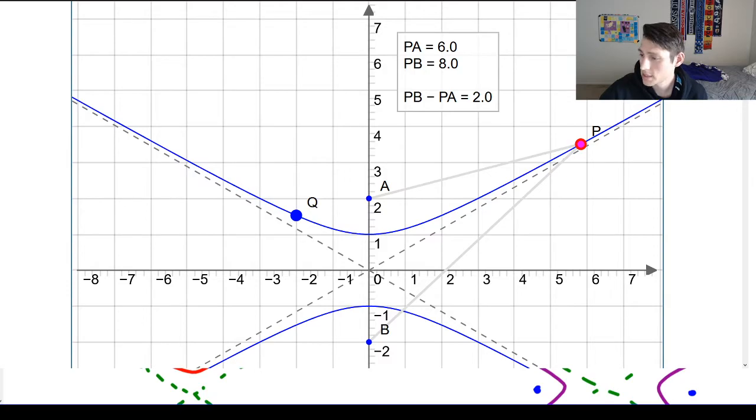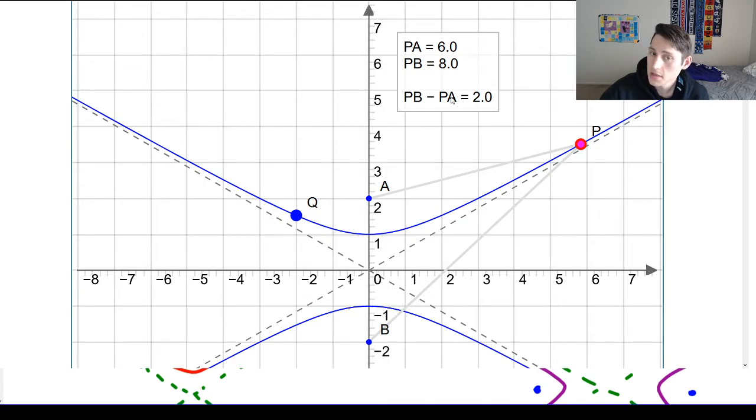And as we can see, if we look up here, PA, so that's the distance from this point to A, the focus. PB, the distance from this point to this focus, right? There's two foci.